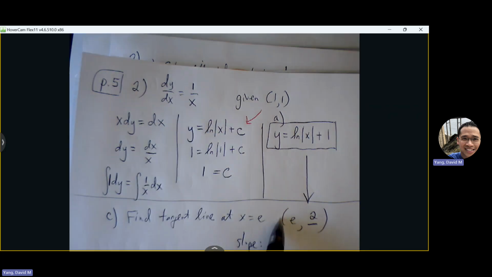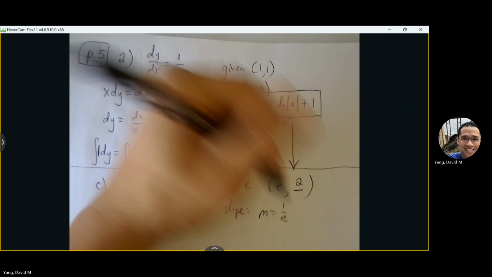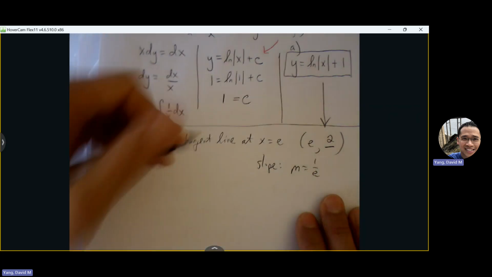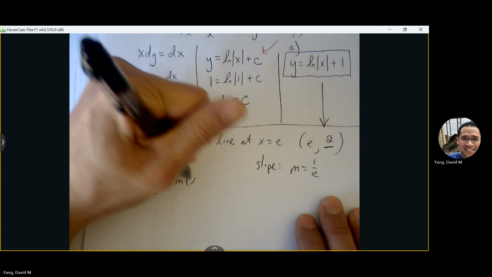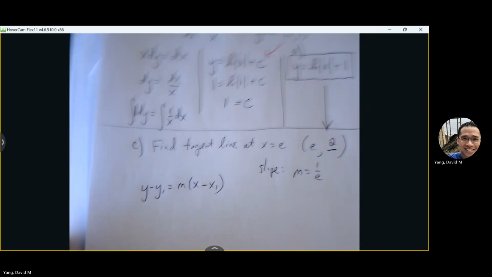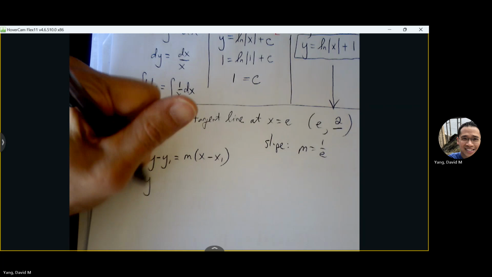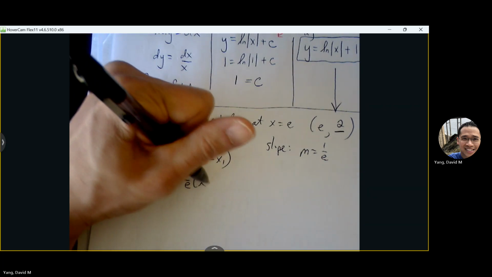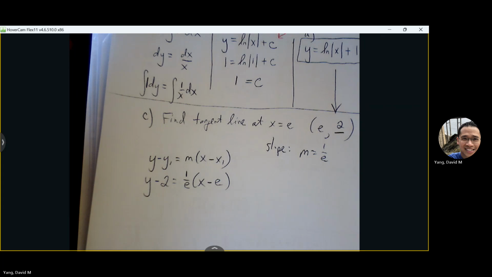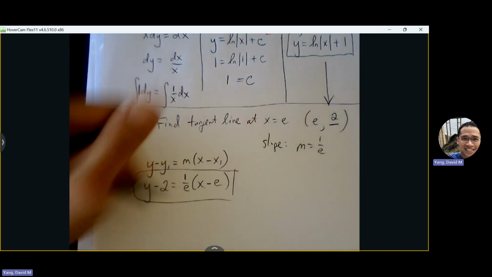So 1 over e is my slope. Once I have my ordered pair and my slope, point slope form, there's my tangent line equation.